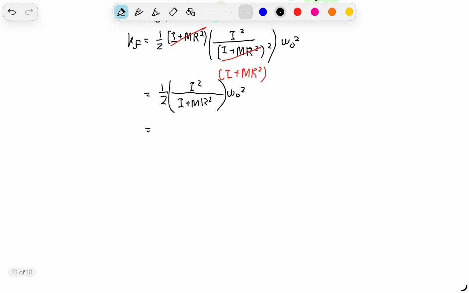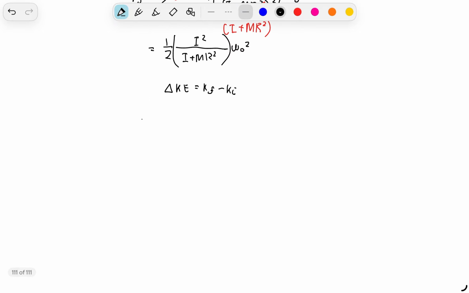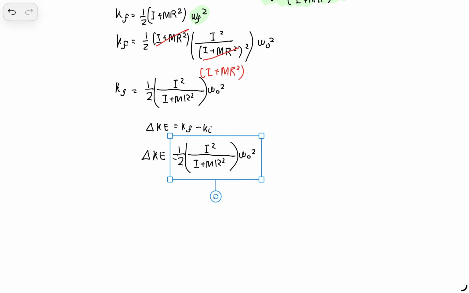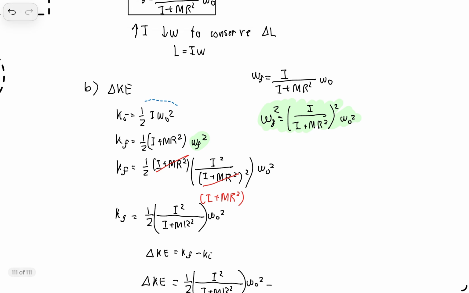Now we can find delta K. So delta kinetic energy is equal to Kf minus K initial. So delta kinetic energy here is equal to our final kinetic energy, this expression here, minus our initial kinetic energy, which is this expression here.